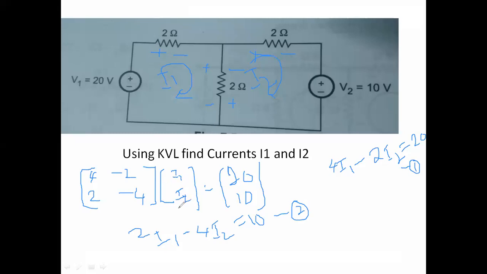I think you all know the matrix solutions. Determinant of I1 is 5. I1 is already determined, 5. Okay, very good. So what about I2?